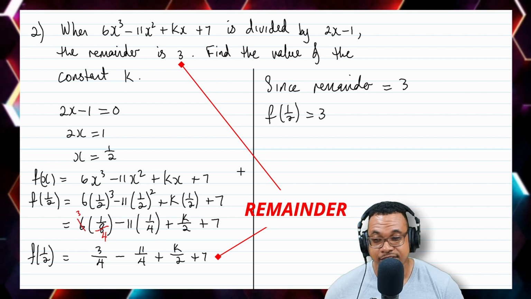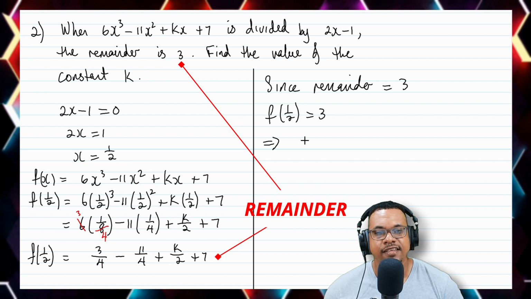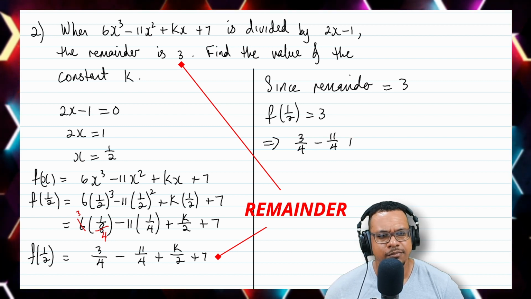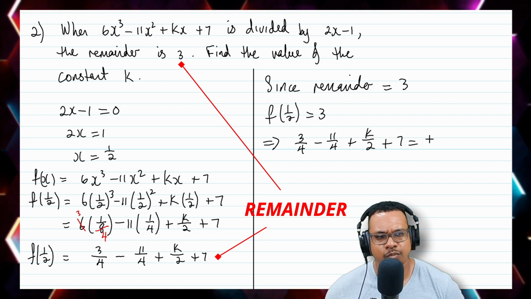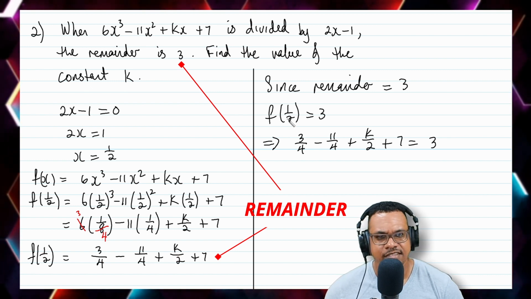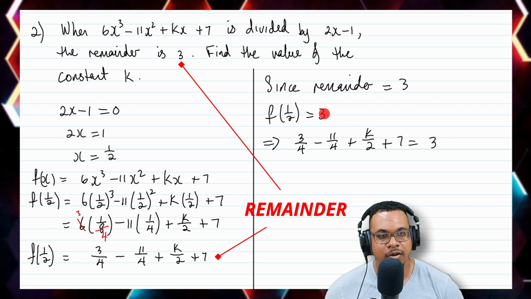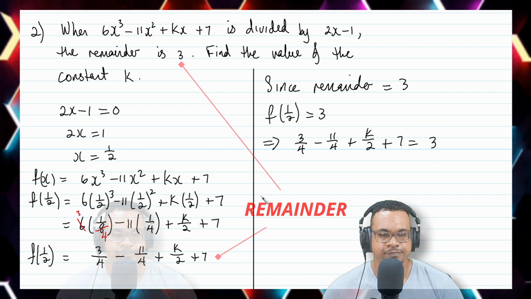And f of a half is also equal to this. So that would imply that the 3/4 take away 11 over 4 plus k over 2 plus 7 is equal to 3. F of a half is equal to this. F of a half is equal to 3. So these two things must be equal to each other. And that's what we have here.